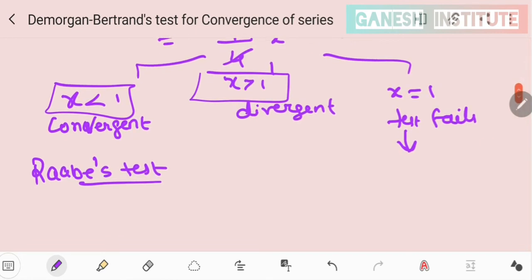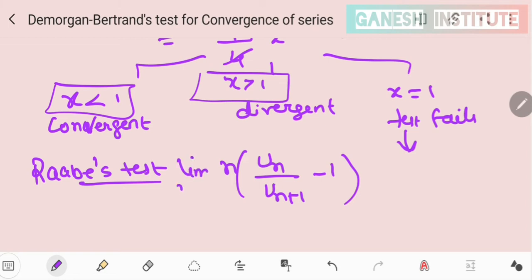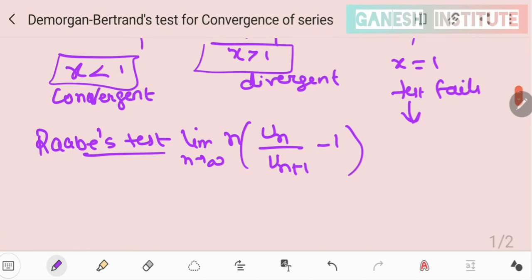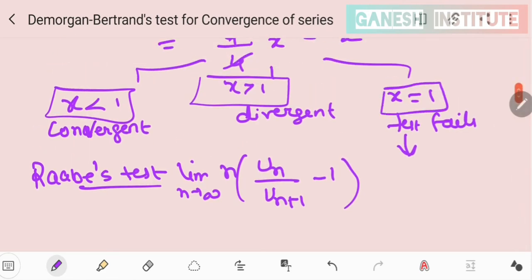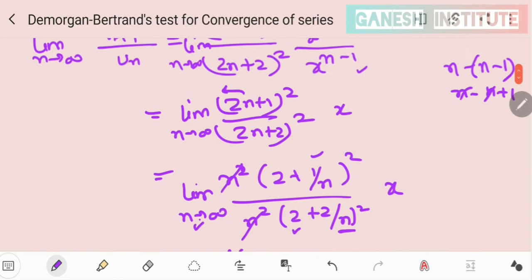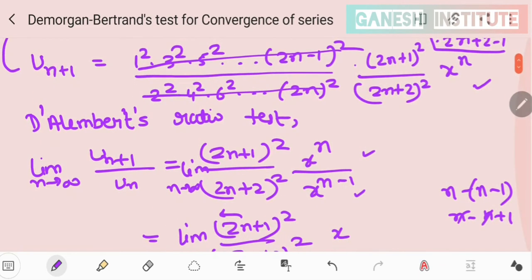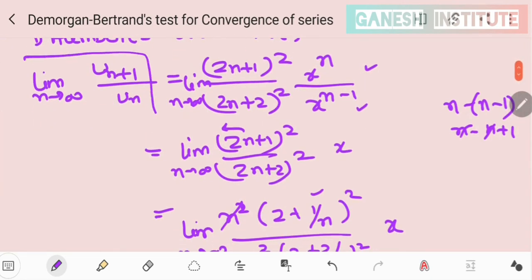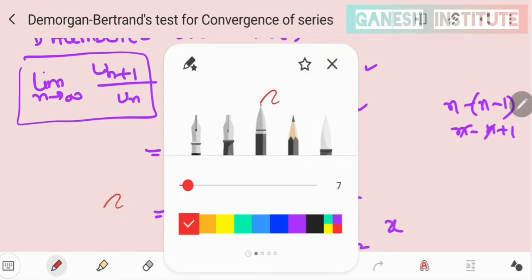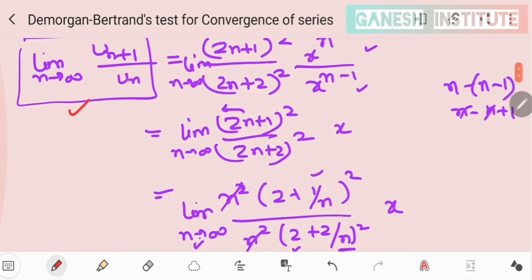For Raab's test, as we studied in our last video, you need to find n times un by un plus 1, just the opposite of what we are doing in the ratio test, and then limit n tends to infinity. So let's do it. If you put x equals 1 in this value, this is the value of un plus 1 by un.